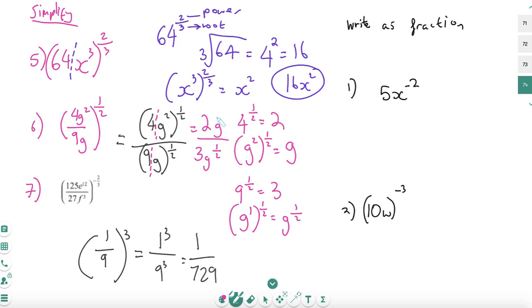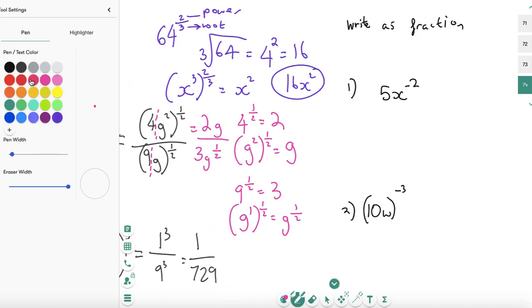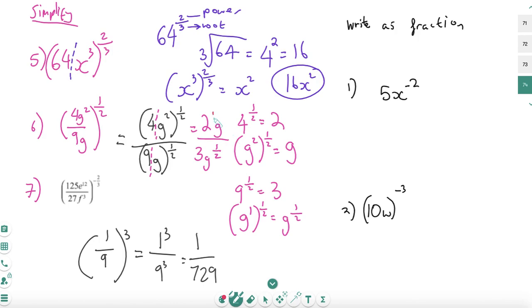So 2 divided by 3 is just going to be 2 over 3. And then g, which is basically g to the power of 1, divided by g to the power of 1/2.